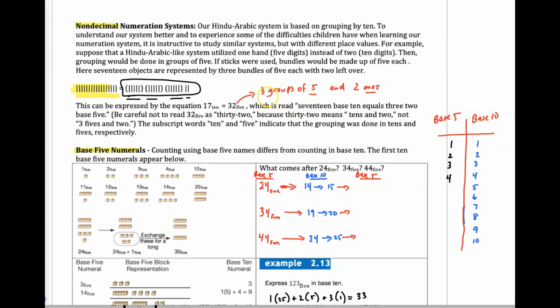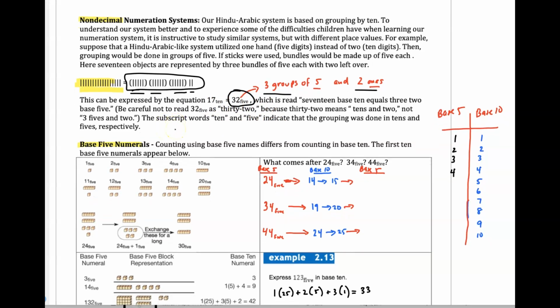We represent it with the numeral 32, and write a little 5 on the bottom. That 5 again signifies that we're in base 5. We shouldn't say this equals 32 because we're not in the base 10 world. It really means 3 fives and 2 ones.